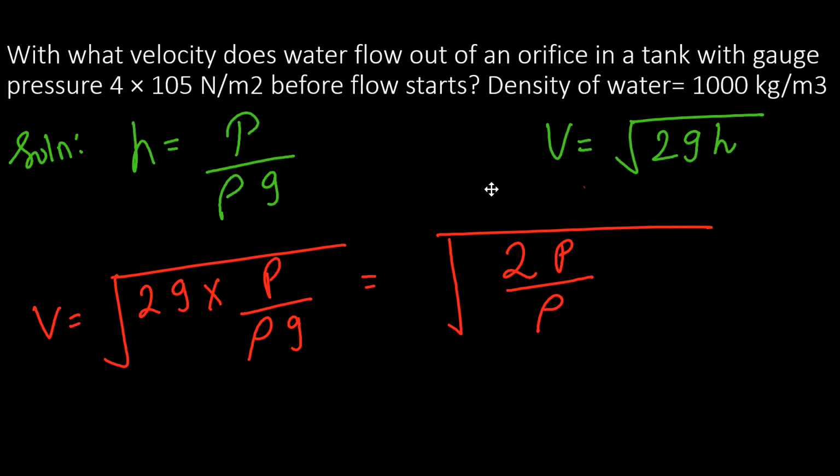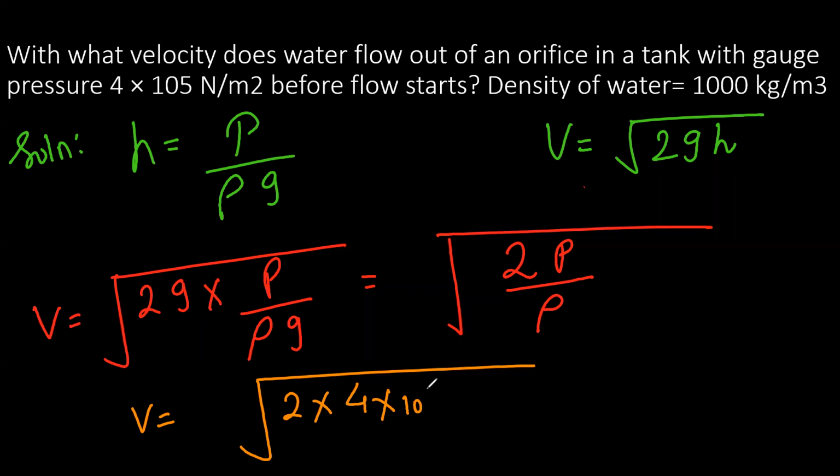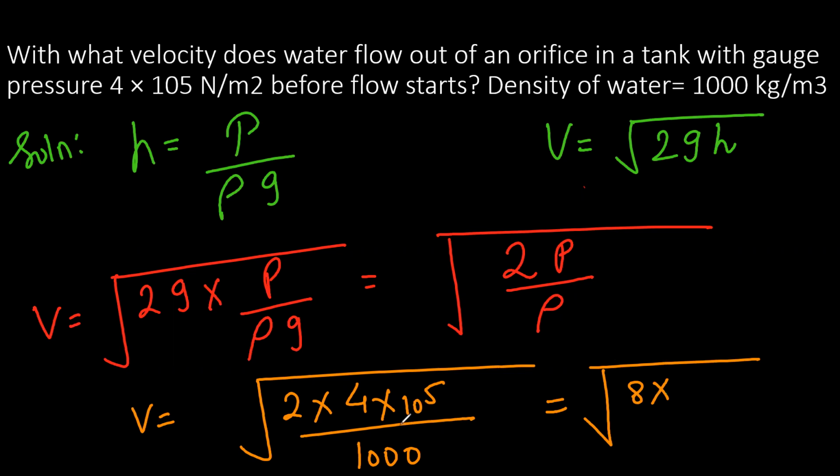So let's put the values. What is P here? 4 × 10⁵, and density is 1000. So 2 times 4 will become 8, and 10⁵ divided by 10³ will become 10².